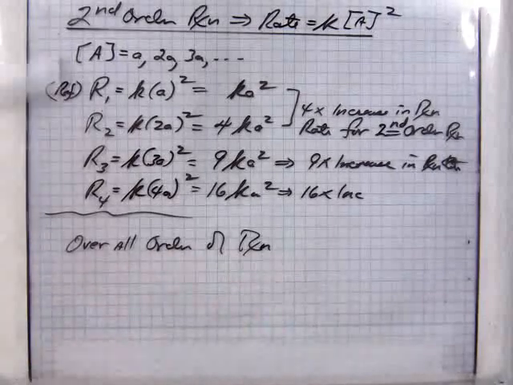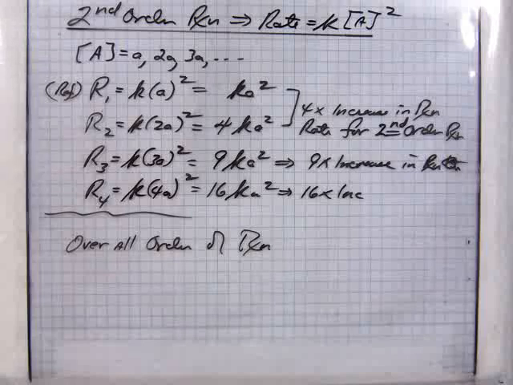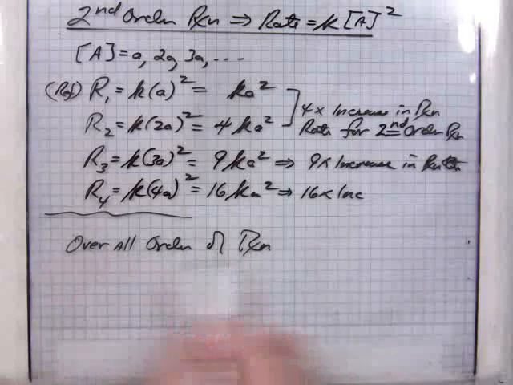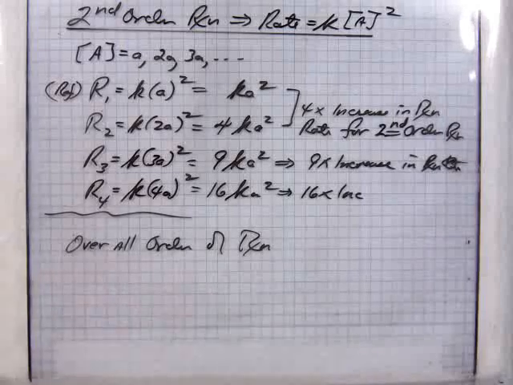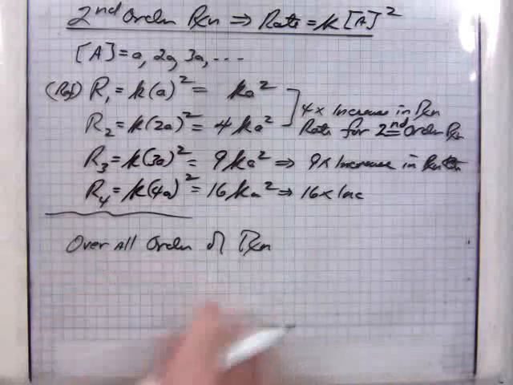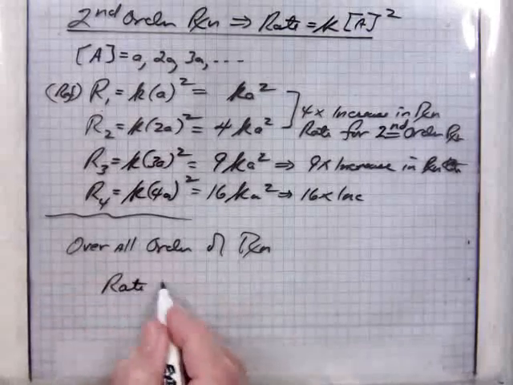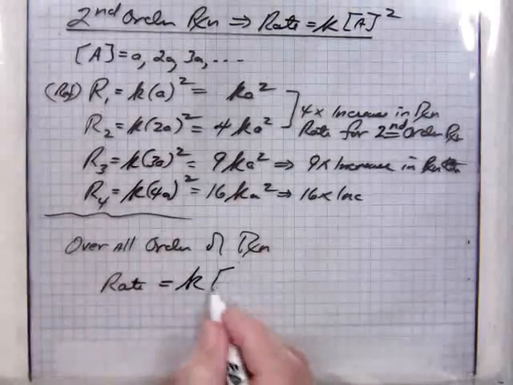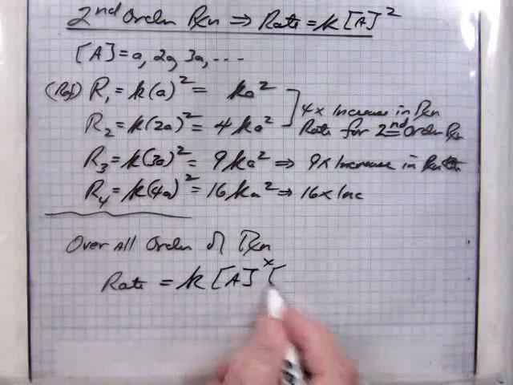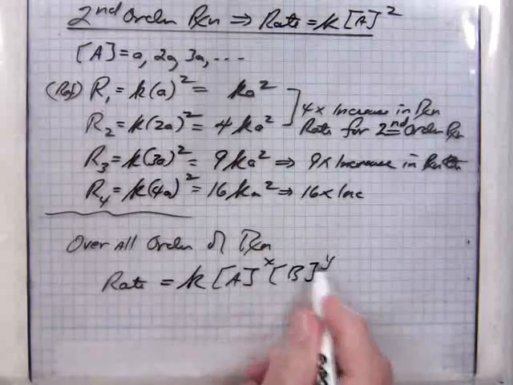What these are showing is just the effect on a single component reactant decomposing into products. But for the overall order of reaction, if you have a multi-component reaction, say rate equals K A to the X power B to the Y power, it's very easy.